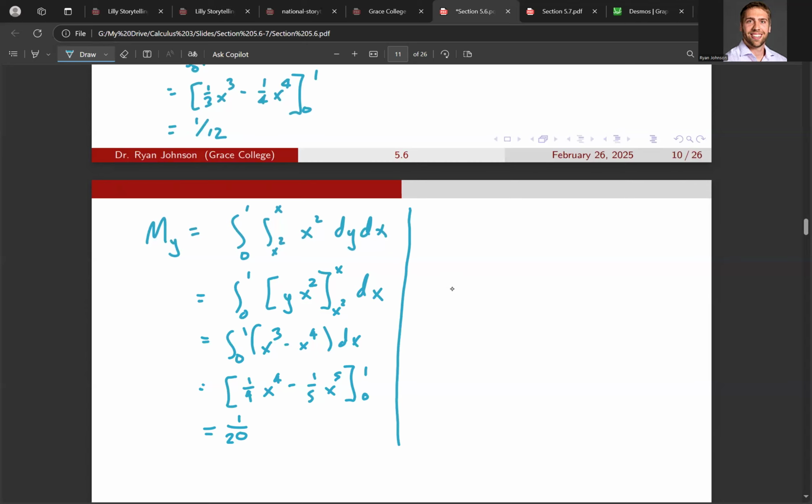Let's also find the moment around the x-axis, which is when you throw in an extra y.